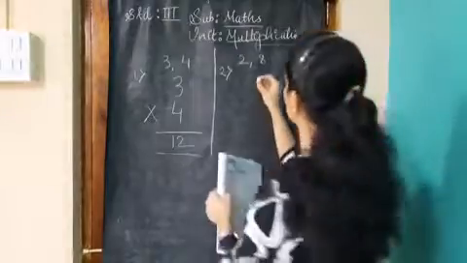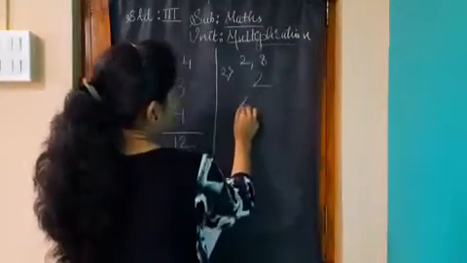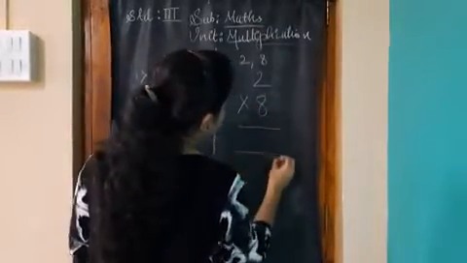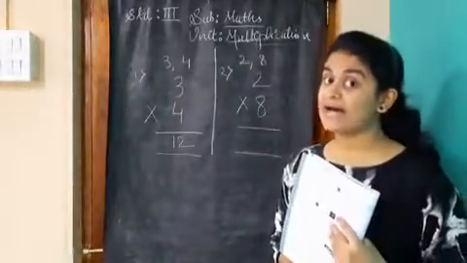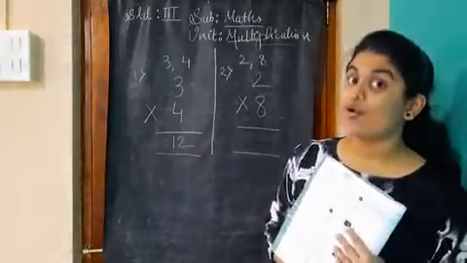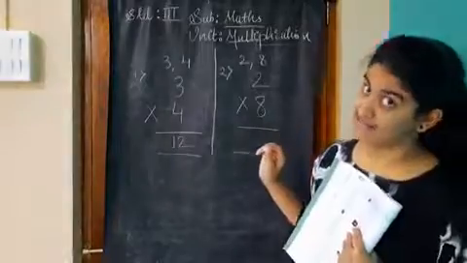Okay? That is 2 multiplication sign number 8 and final answer. So who will tell me what is 2 8s are? Yes, 2 8s का आंसर होता है 16. बराबर? तो हम लिखेंगे 16. Okay?